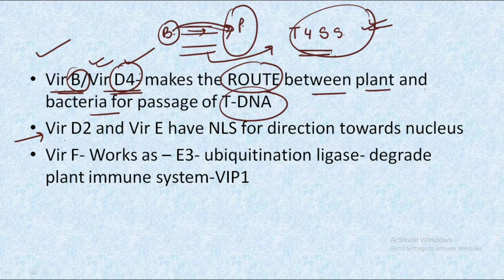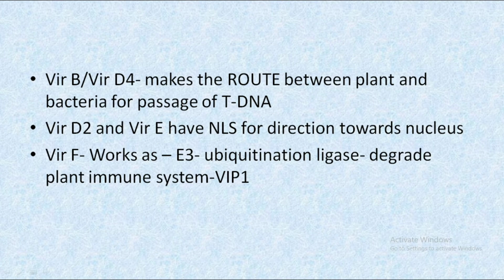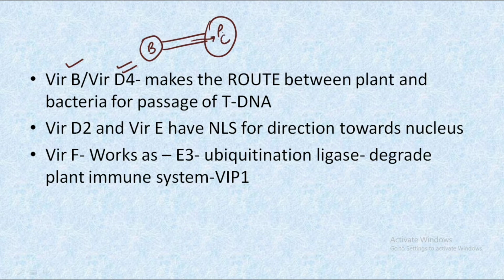Then we have VIRD2 and VIRE that have NLS for the direction towards the nucleus. What is NLS? NLS in simple words means nuclear localization signals. Why? Because we have the bacteria and we have the plant. The route is formed with the help of VIRB and D4, and when the tDNA enters into the plant cell, it needs to go towards the nucleus.